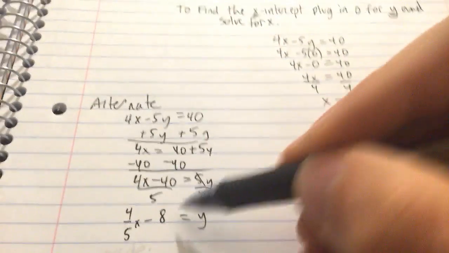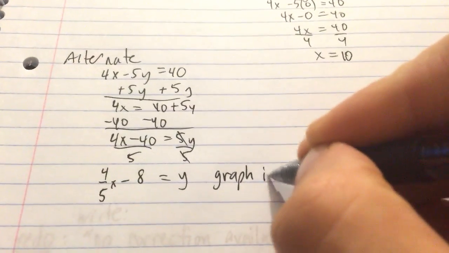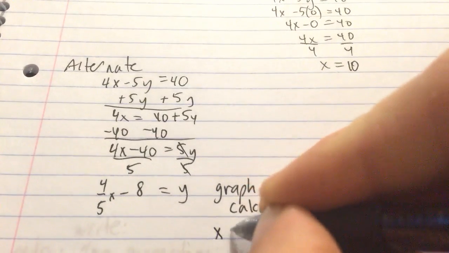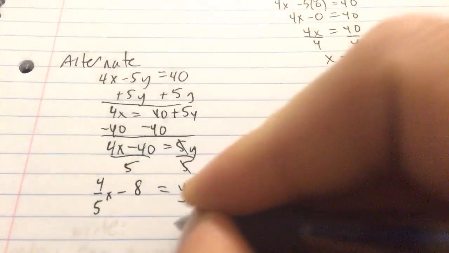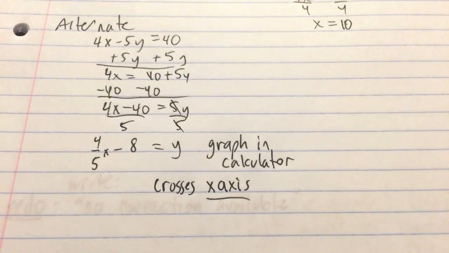Now this tells you the y-intercept. They did ask for the x-intercept, so what I would do is I would graph this in your calculator and look to see where it crosses the x-axis.